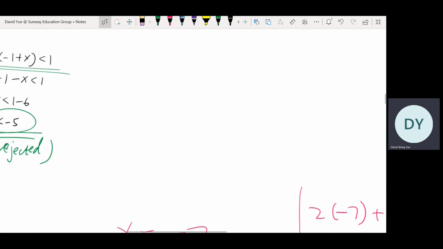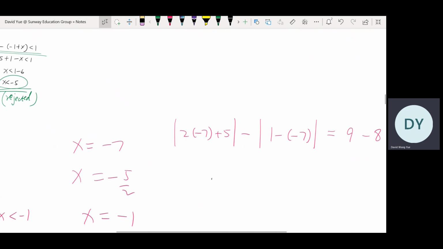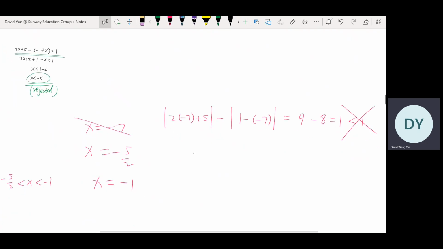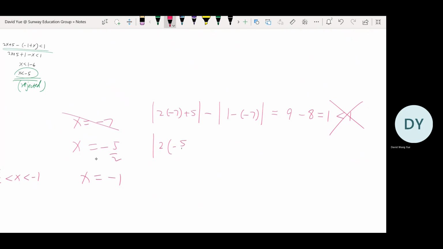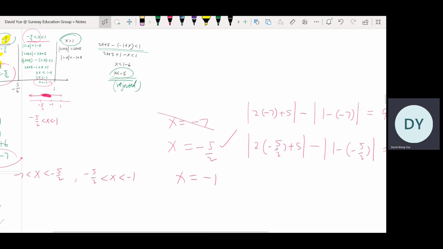Unfortunately, no. So x couldn't be -7. How about x equals -5/2? This is going to be 0 minus 7/2, which is -7/2, less than 1. So that is okay. So x can be equal to -5/2.